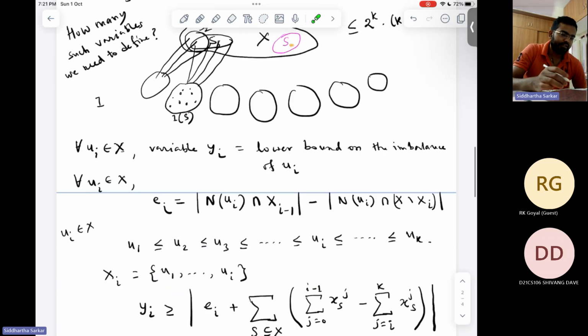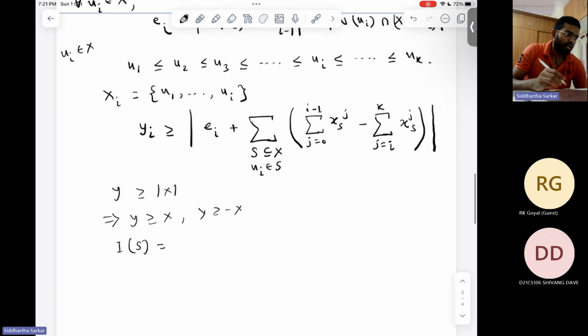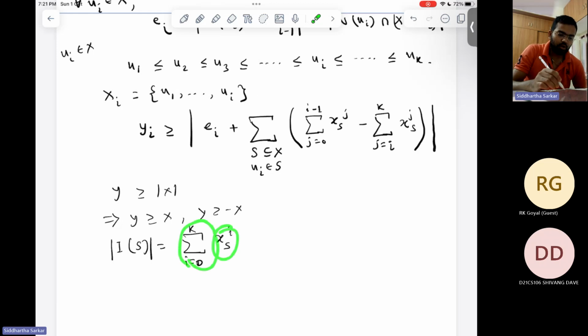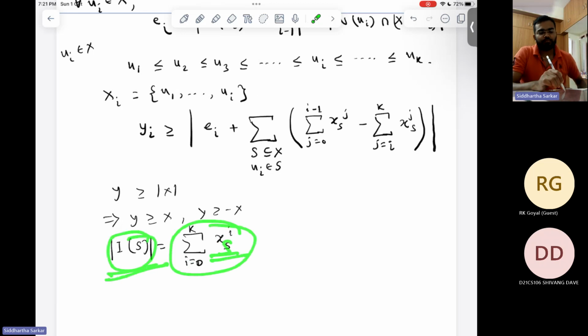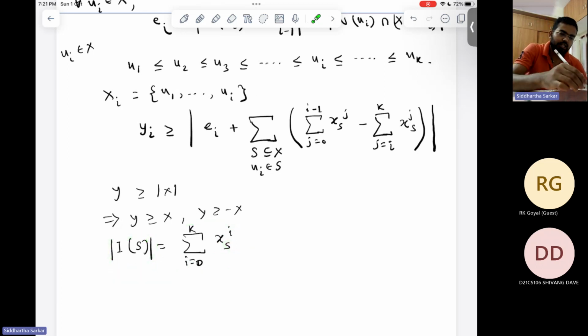So there are k plus 1 pockets. So because there are k plus 1 pockets, the cardinality of is, the number of vertices in the independent set with neighborhood S, is nothing but the sum over i from 0 to k of xis. So what is xis? It is a variable that encodes the number of vertices of type S that are in pocket I. So over all the pockets, the number of vertices of type S should sum to the total number of vertices of type S. So that is another constraint.